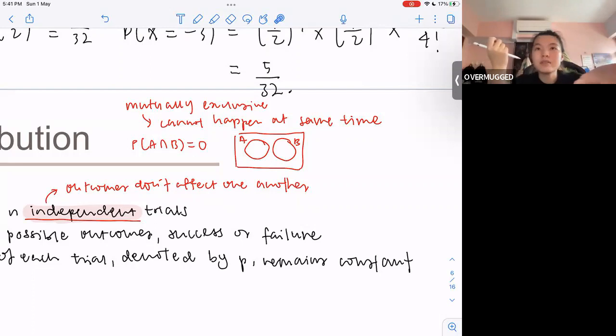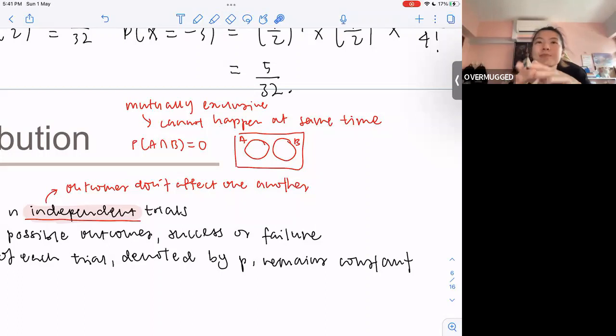Are those independent events? No, because I already took out one card. That means your probability of taking a king is higher now, and that changes the probability. They do affect one another because I did not replace the card.